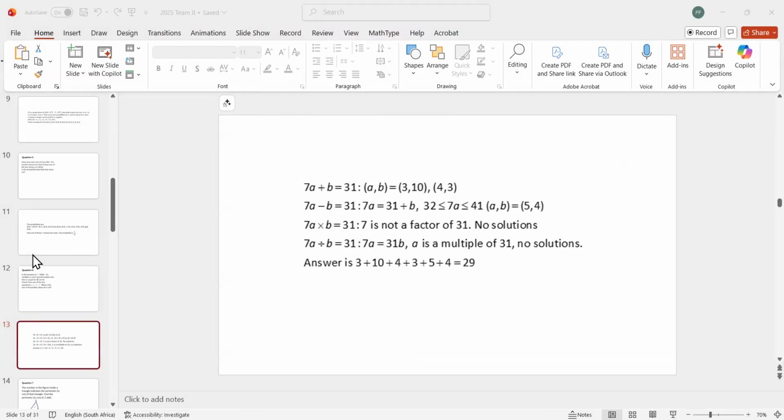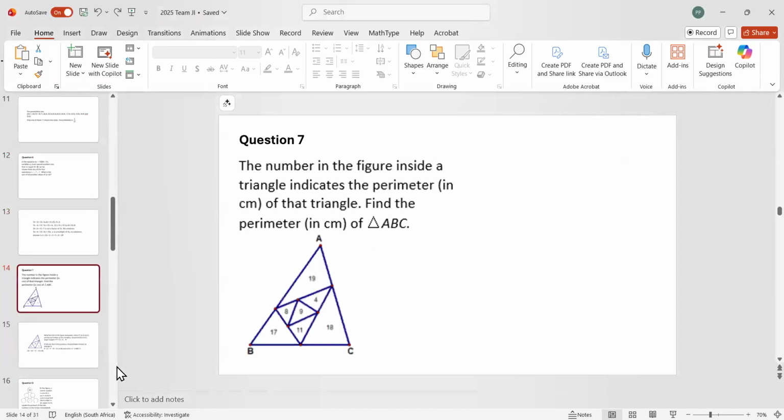Okay, so we are now at question 7. Question 7 says the number in the figure inside a triangle indicates the perimeter.